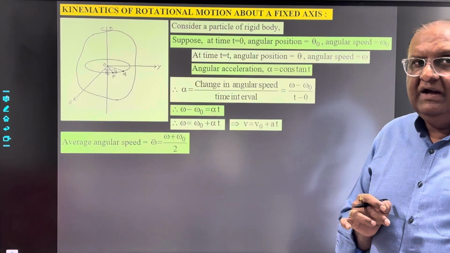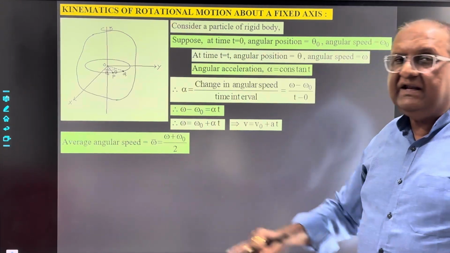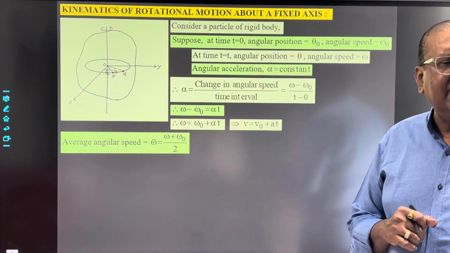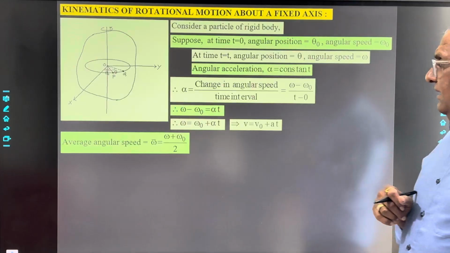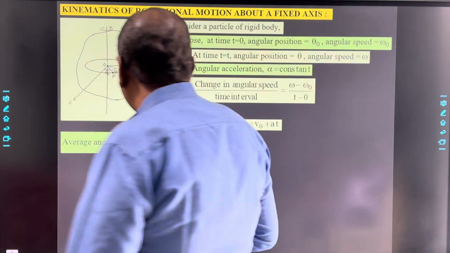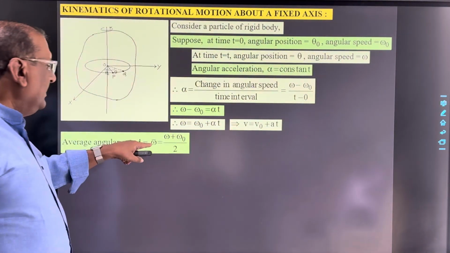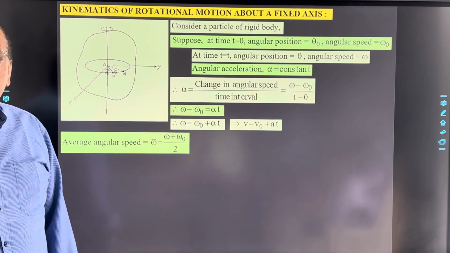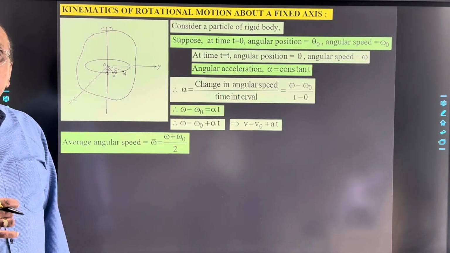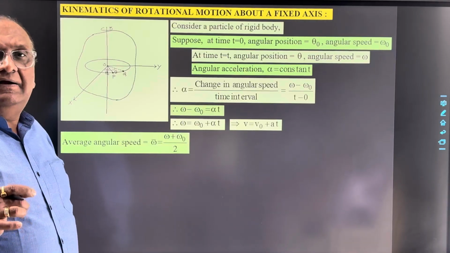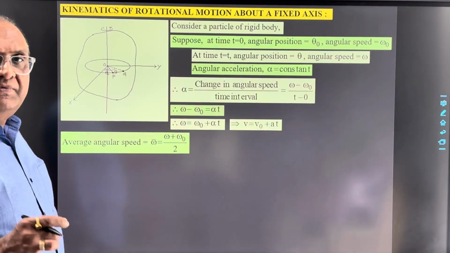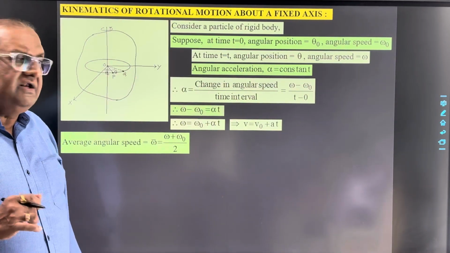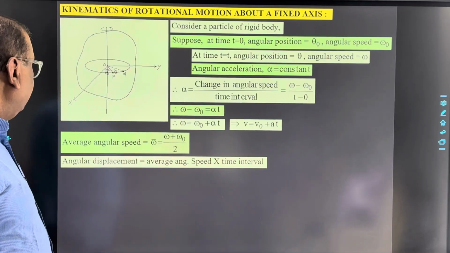Be careful, otherwise you can't directly take the average like this. Now the average angular speed, omega bar, equals omega plus omega 0 by 2. So the angular displacement is equal to the average angular speed into the time interval.